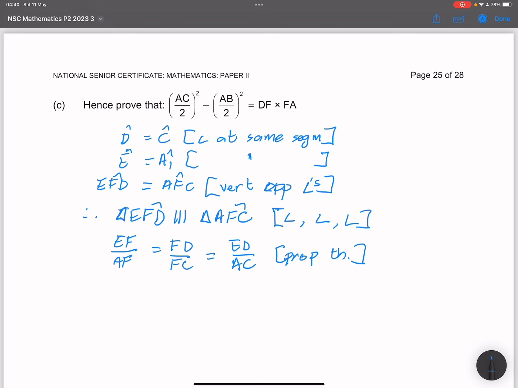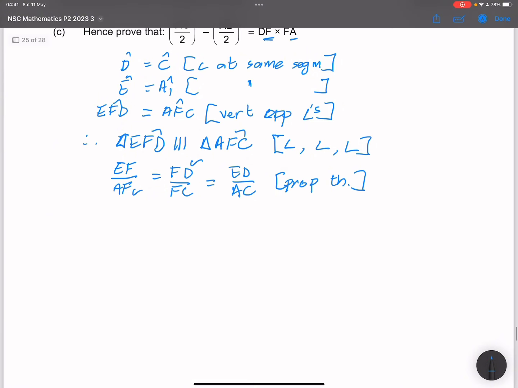Okay, so in my proof, we've got DF there, which is FD. We also have FA. So I'm just going to use those ones. So I'm going to cross multiply there. I'm going to say EF times FC is equal to AF, or they said FA, multiplied by FD.